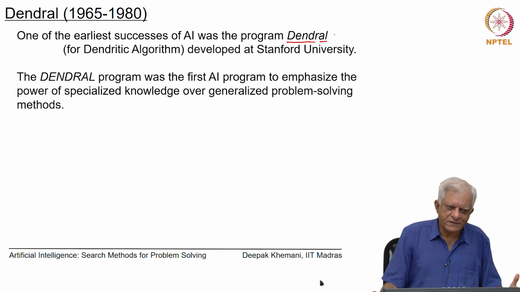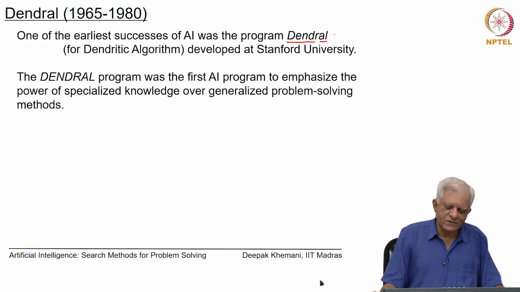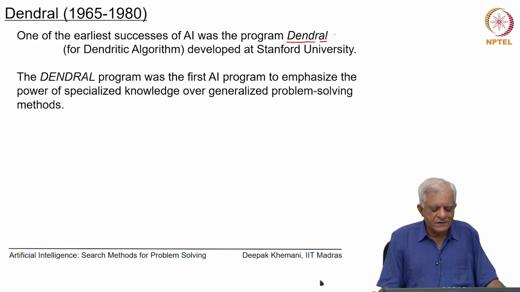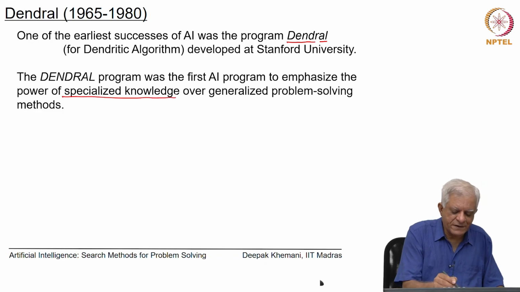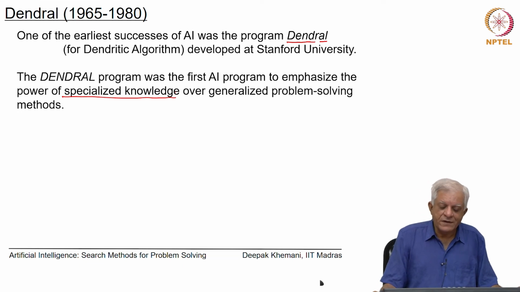and we had been struggling to find various ways of trying to overcome that. One of them was the use of heuristic functions, but Dendral took this one step further, and it says that you can use specialized knowledge to solve problems. This specialized knowledge is something that the community working on expert systems said we will extract from human experts.